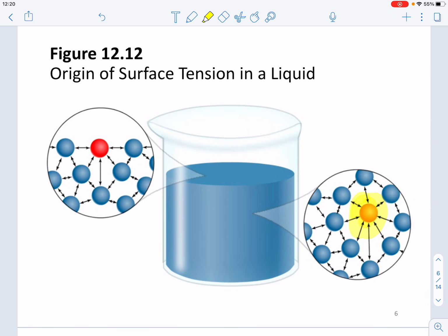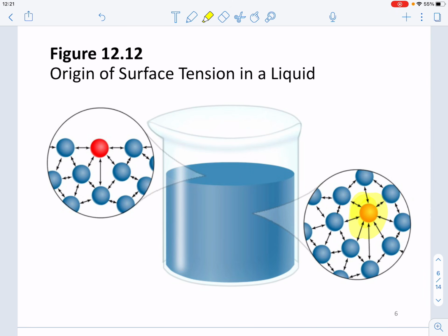There is no force pulling in one particular direction. In other words, because all these forces are pulling in all directions, the resulting vector of all those forces is zero. So there is no net pull in any direction for that molecule. It's surrounded. The pull is equal in all directions, or at least we assume that is the case. So nothing happens to that molecule.